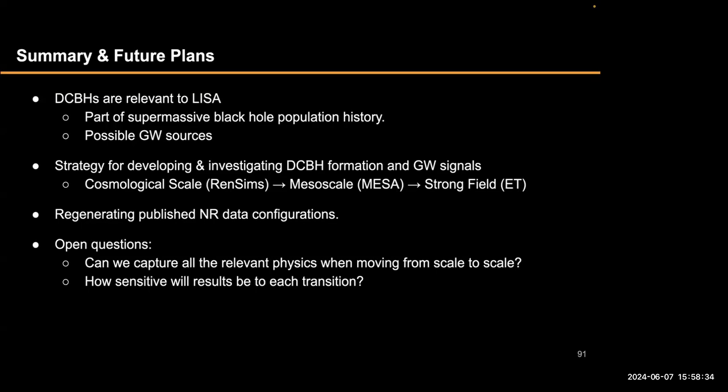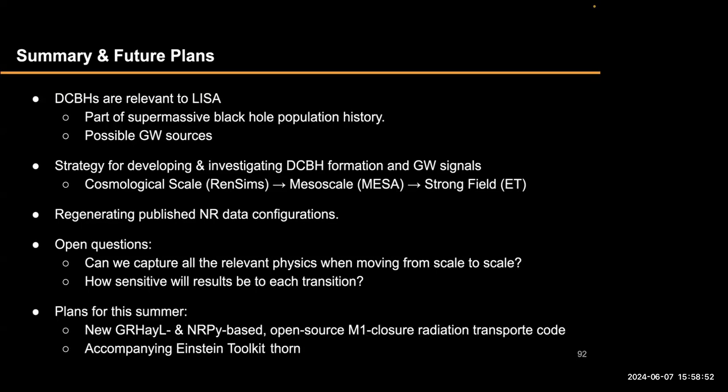And so what we could do is use a code like NRPy Elliptic, which is an elliptic solver for numerical relativity, to relax that solution so that it becomes more constraint satisfying. So that's something that we can do in the later stages of the project.